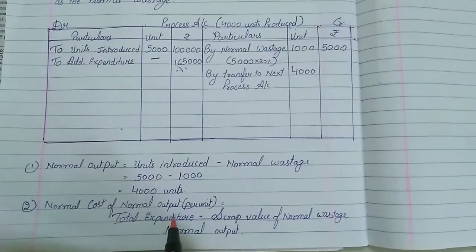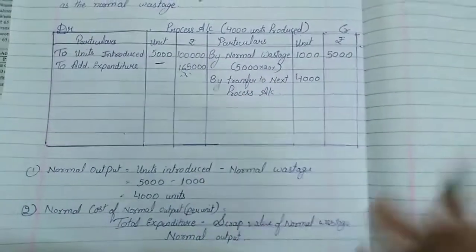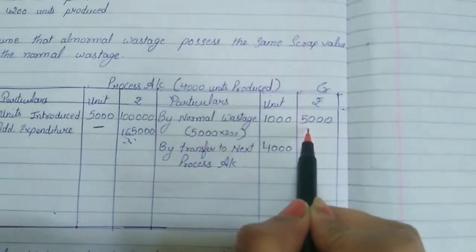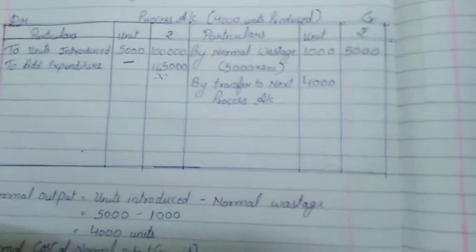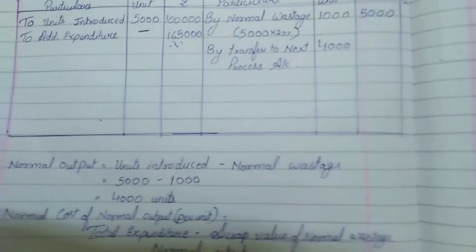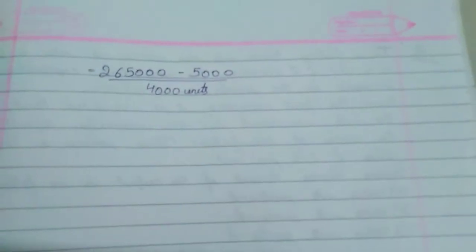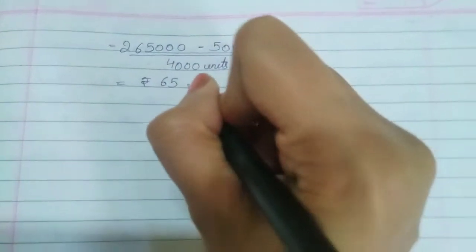Total expenditure. So total expenditure will become 1,65,000 plus 1 lakh, that will come to 2,65,000, minus this side total normal wastage, scrap value of normal wastage, that is 5,000, divide by normal output, which we had counted in first point. So this will become rupees 65 per unit.